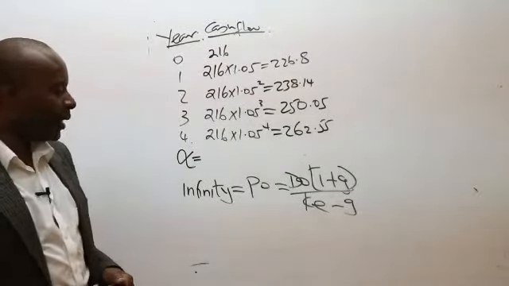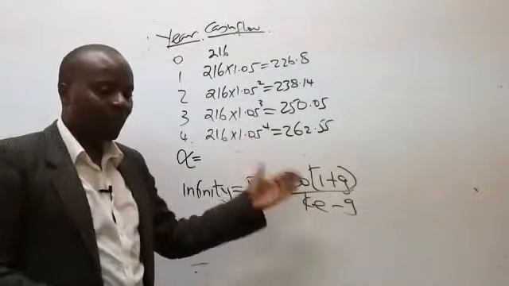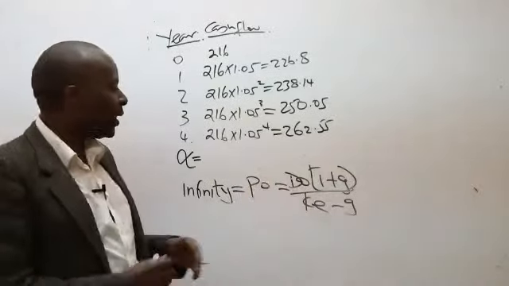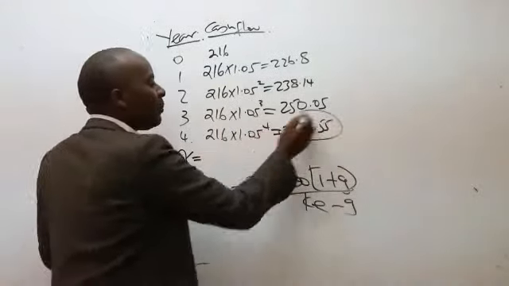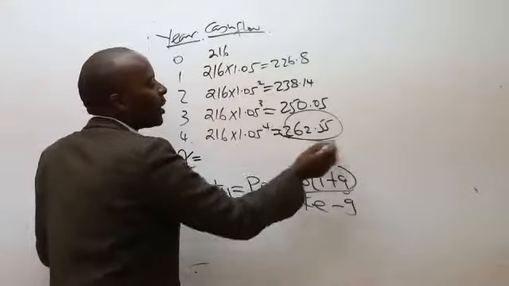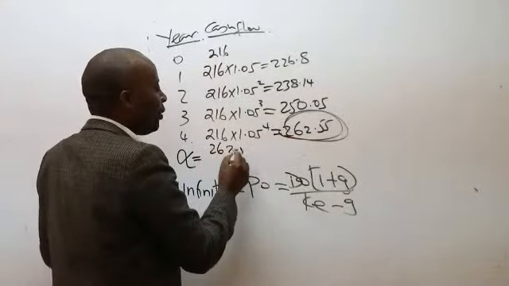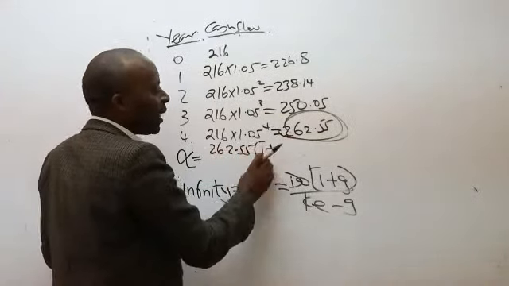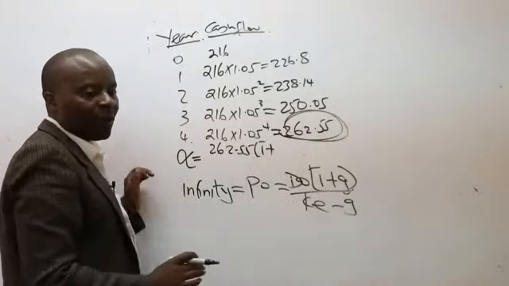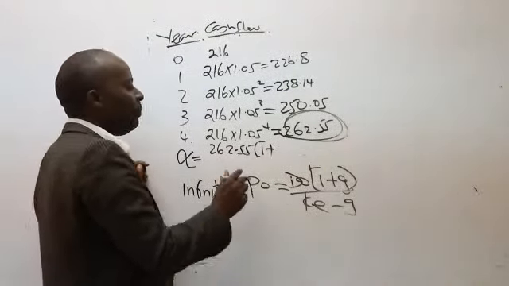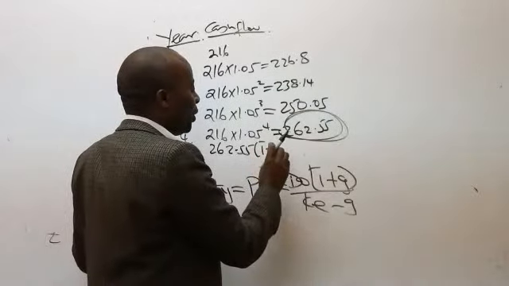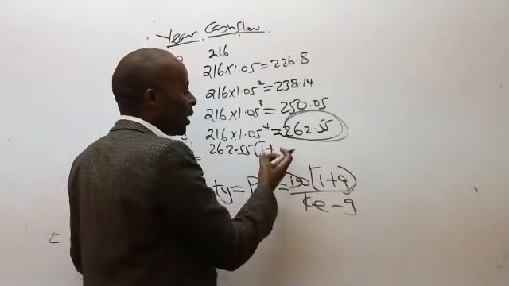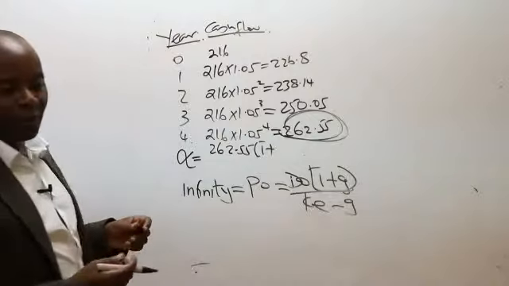So, ladies and gentlemen, remember when we talk of DO, this is the most current dividend. Please never go back to this. The most current dividend is 262.55 into 1 plus the perpetual growth rate. The perpetual growth rate, what did you say it is?